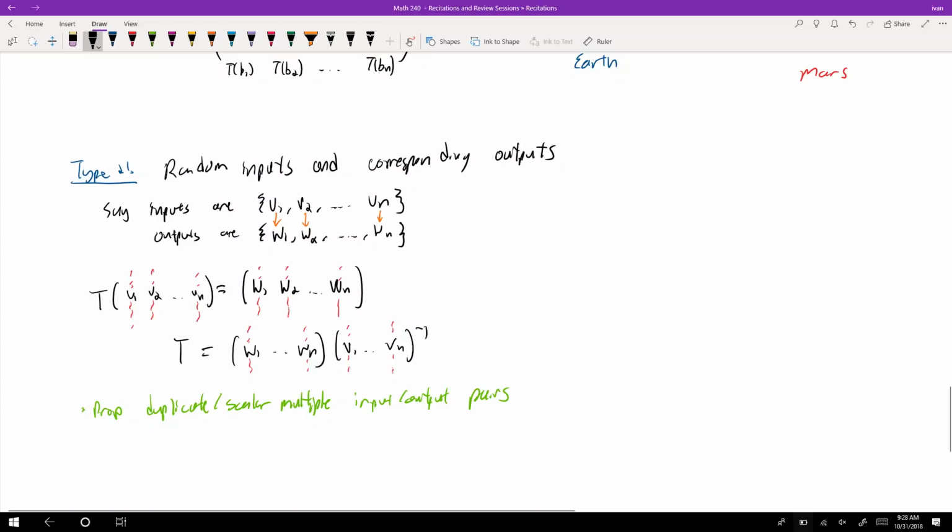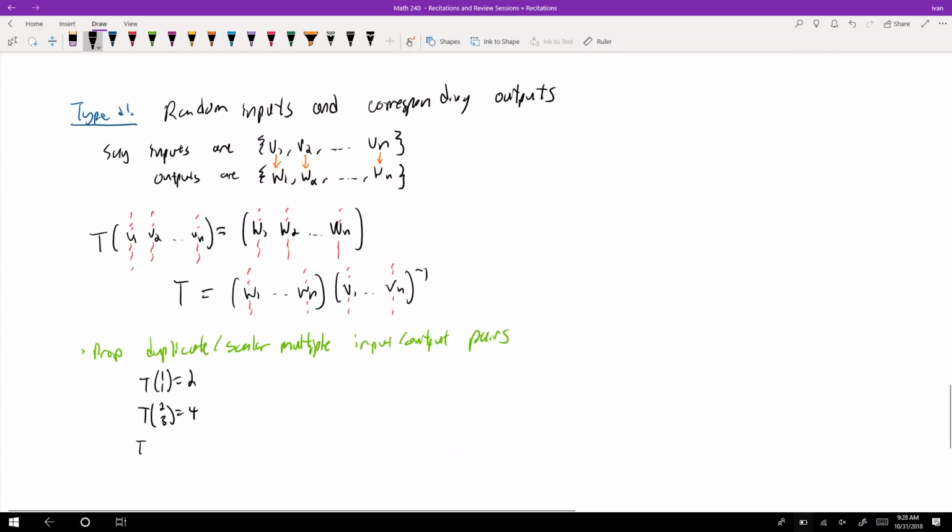So what do I mean by that? For example, if you have T of (1, 1) is equal to 2, T of (2, 3) is equal to 4, but you're also given that T of (5, 5) is equal to 10. Well, this last guy is just a scalar multiple of the first one. And it's not telling you any new information that you didn't already know.